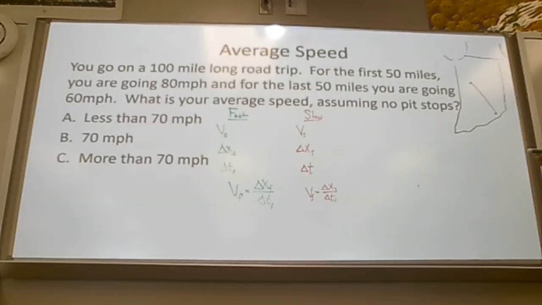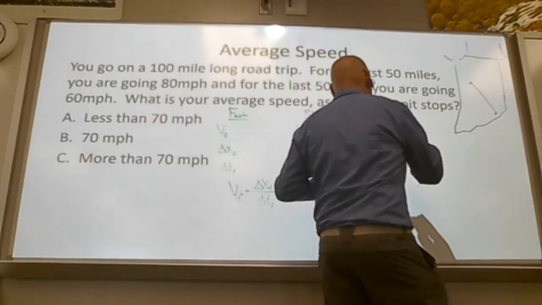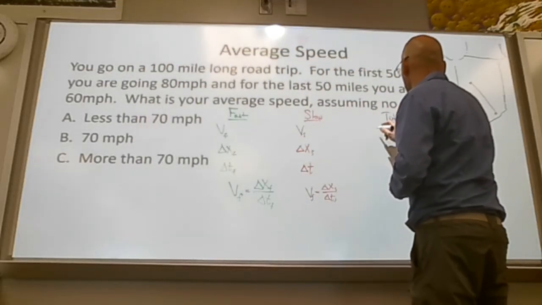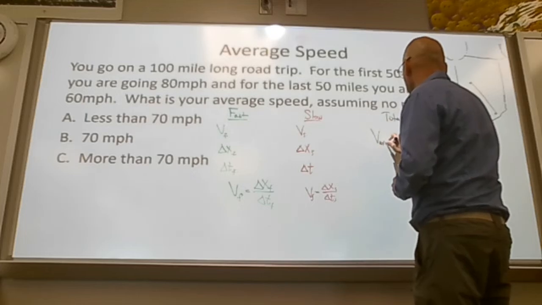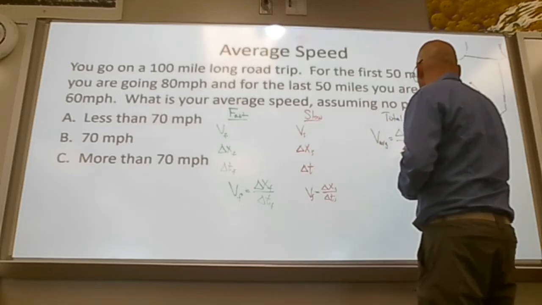The difference for this compared to the bear and the tourist is you're going to have a total. So your average velocity is your total displacement over your total time.